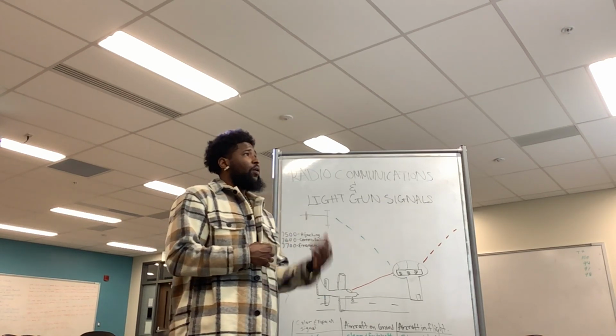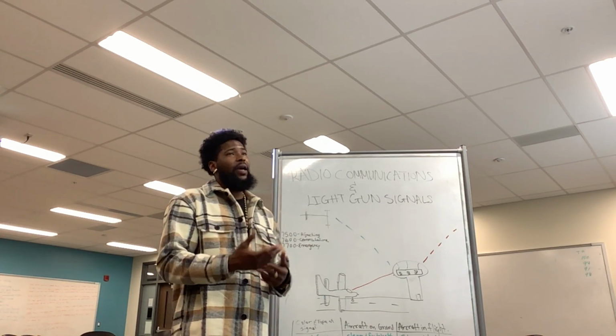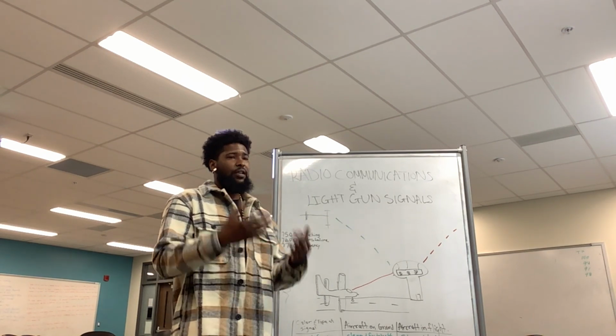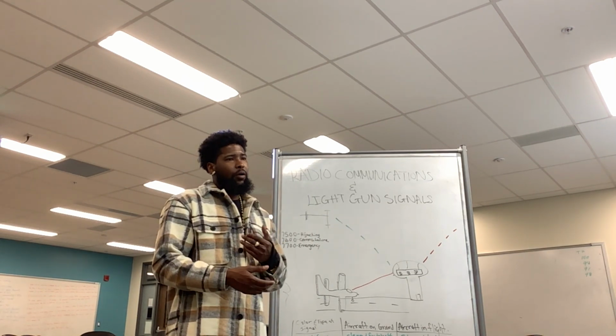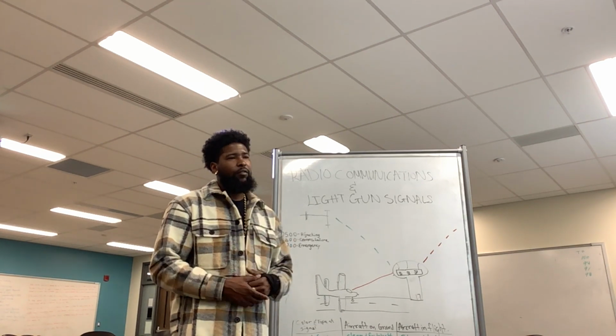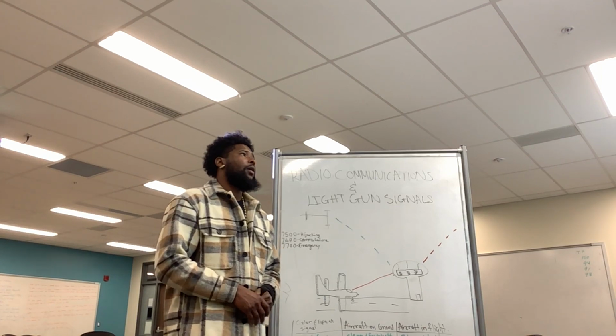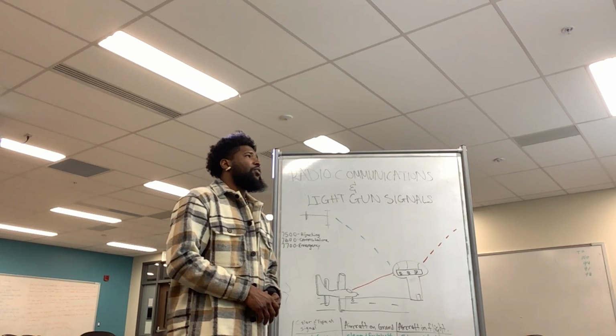Sometimes radios go in and out. We might make a call, not hear back, and start to panic. So understand stress management, and that there are different ways to work around communication issues with ATC. And last but not least, understanding light gun signals.